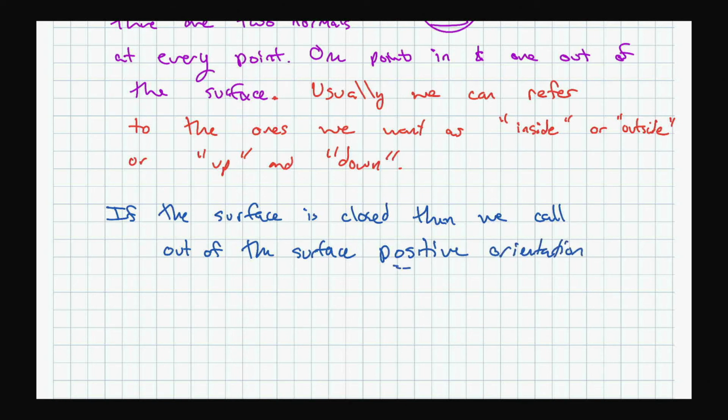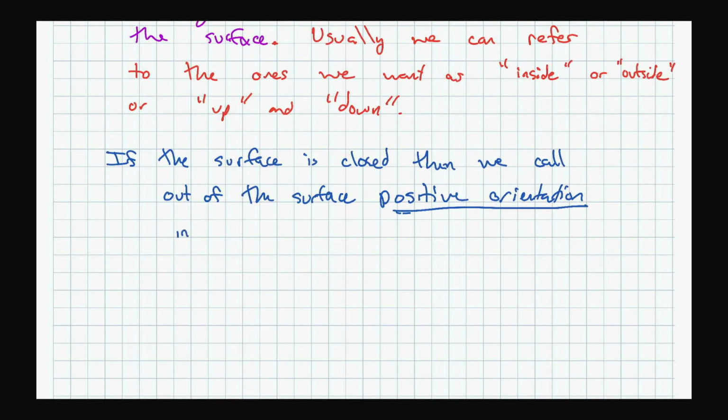And we call into the surface negative orientation. Okay, so if it's not closed, then there's no inside and outside. But if it is closed, then there's an inward and outward orientation, and positive orientation is out.